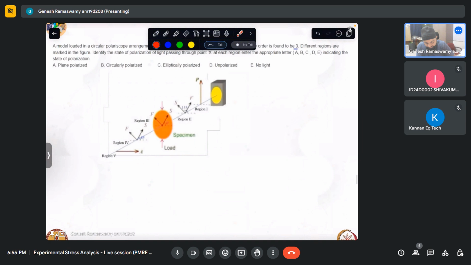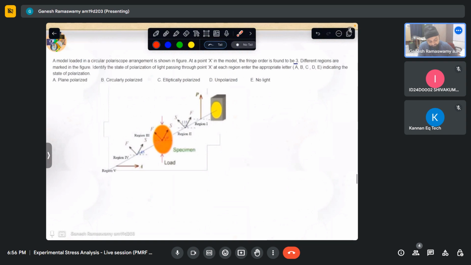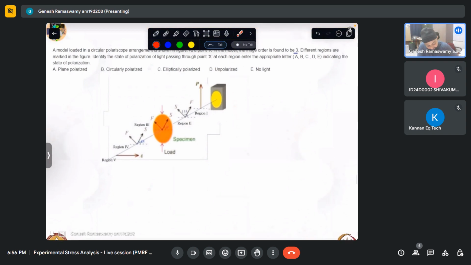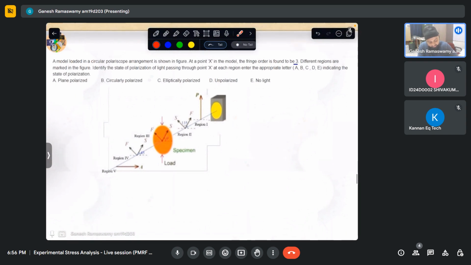Okay, so the state of polarization is given like this, and we can see that this is the polarizer. This is the fast and slow axis. Then we have the fast and slow axis of the model like that, and we have been given that the fringe order there is 3.